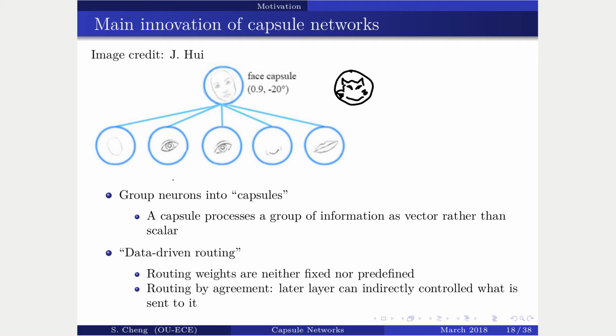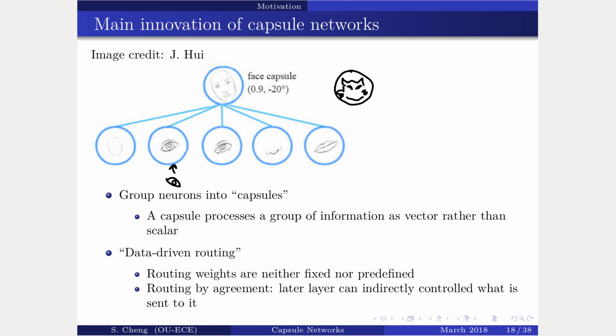However, I may have another input to this capsule that detects eyes like this from the other child capsules. Let's say they all suggest that it looks like a face tilting minus 20 degrees. So this is not a very good match with this face here, right?